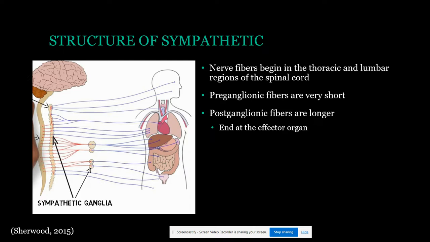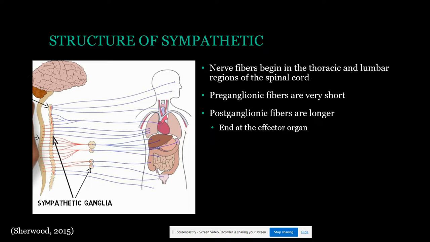Just like in the parasympathetic system, we see preganglionic and postganglionic fibers. I'm talking about the picture here. Our orange color is representative of our preganglionic fibers.